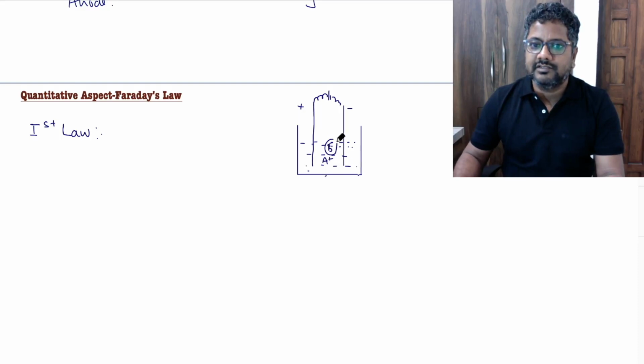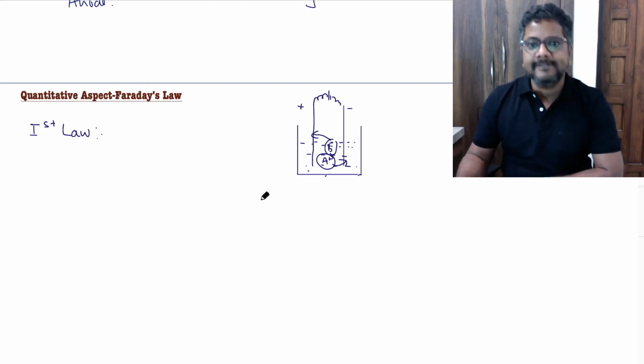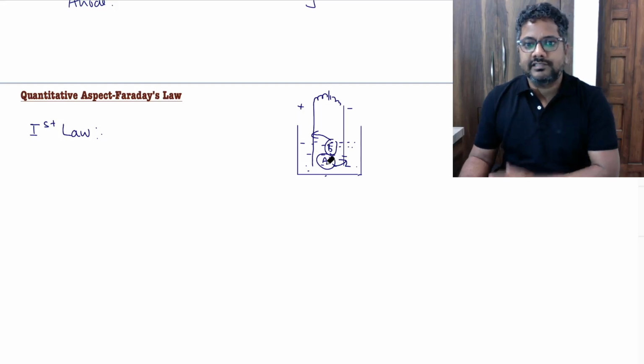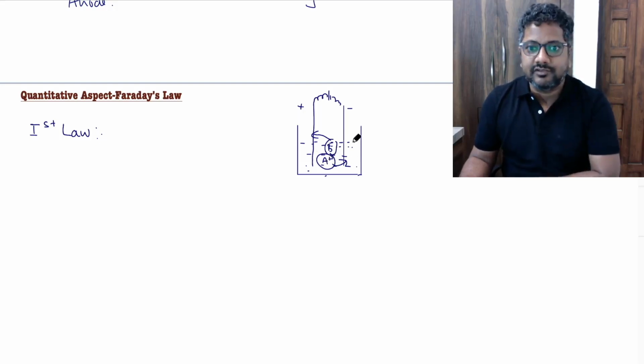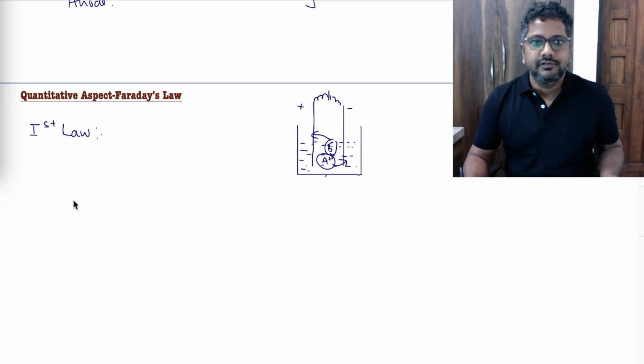So B minus will move towards the anode and A plus will move towards the cathode, right? So the amount of A plus and B minus deposited at the respective electrode and how much current is passing through this electrolytic solution, see.